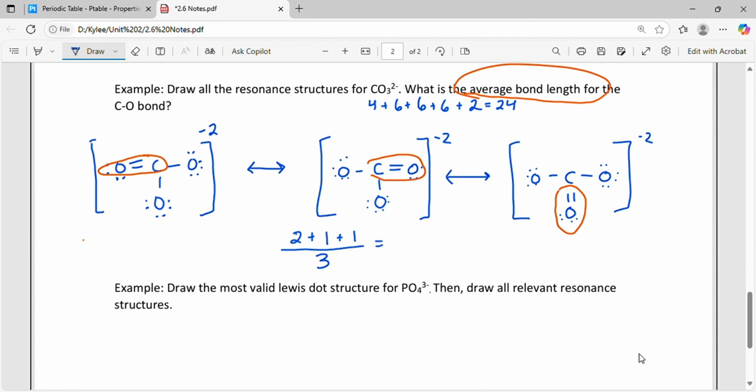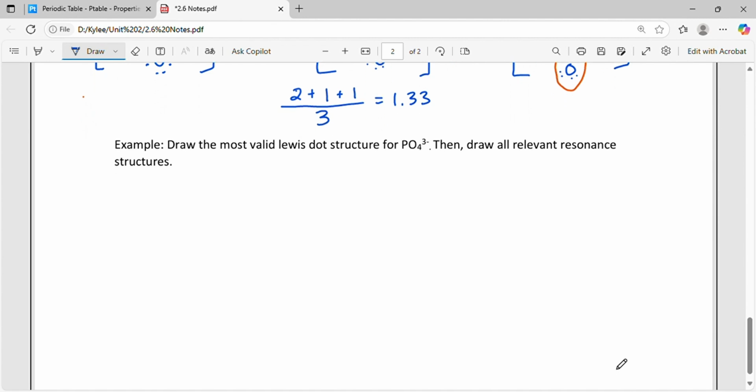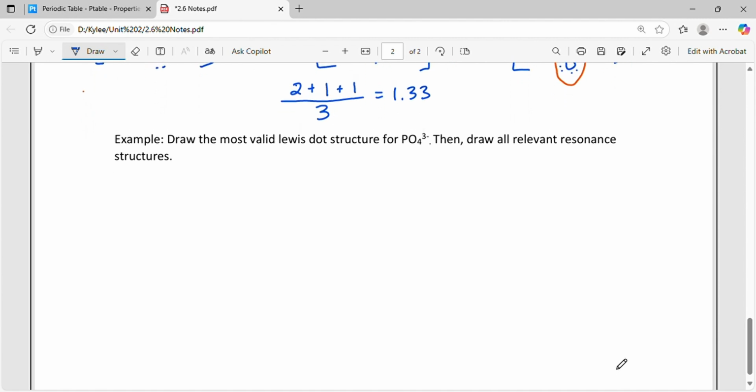So if I take 4 divided by 3, I get an average bond length of 1.33. So again, not quite a double bond, not quite a single bond. Final example, they want us to draw the most valid Lewis dot structure for PO4 with a -3 charge, then draw all the relevant resonance structures.